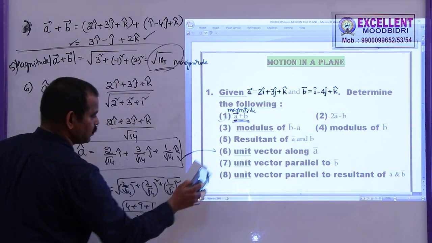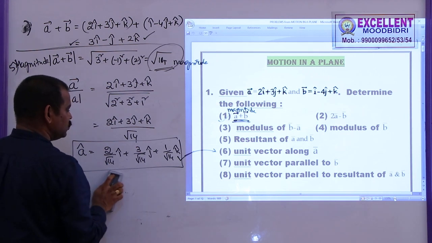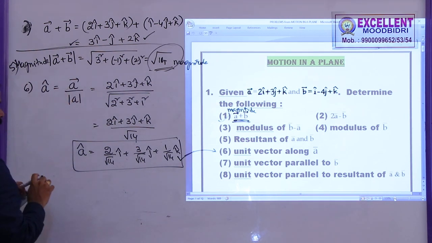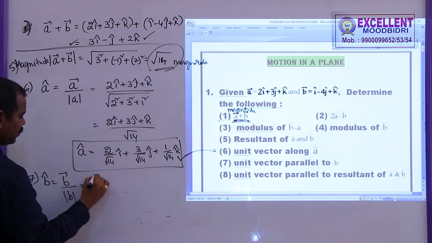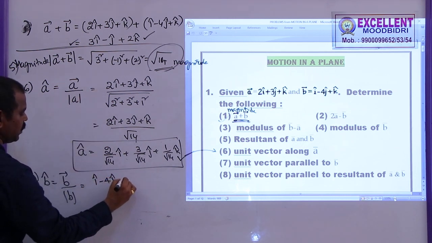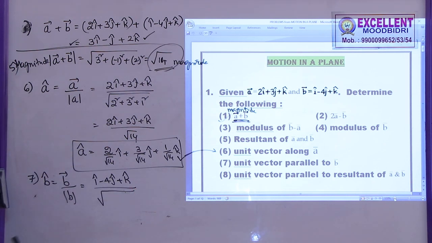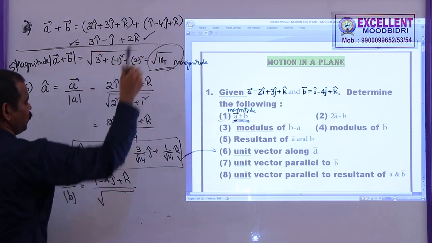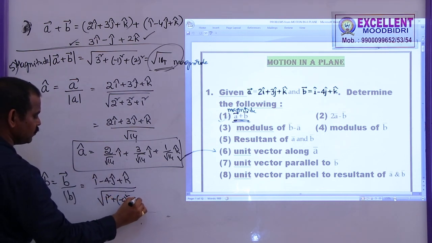So what is the unit vector parallel to b bar? Parallel to b bar means in the direction of b bar. So same process here. The seventh one, b cap we need to find. So given vector by modulus of this vector, that vector is i cap minus 4j cap plus k cap by the magnitude of this b bar vector, which is 1 square plus minus 4 square plus 1 square.